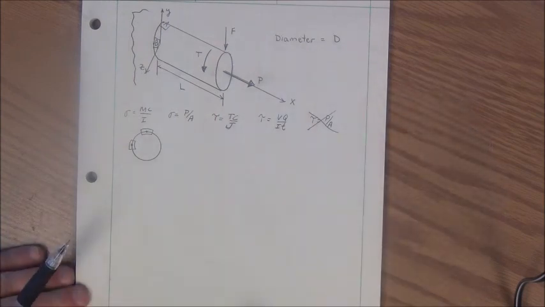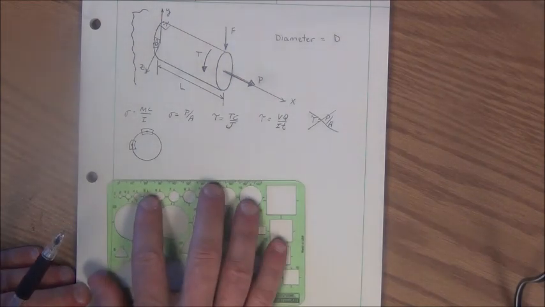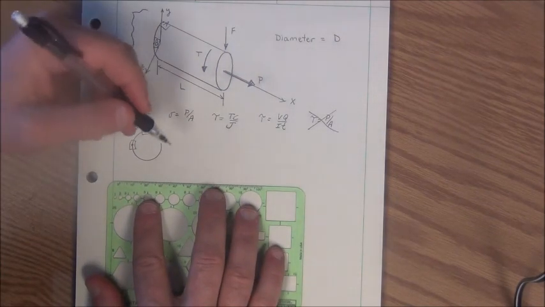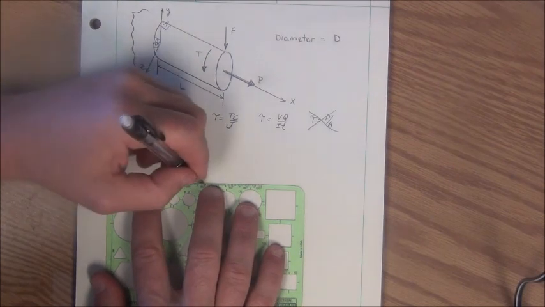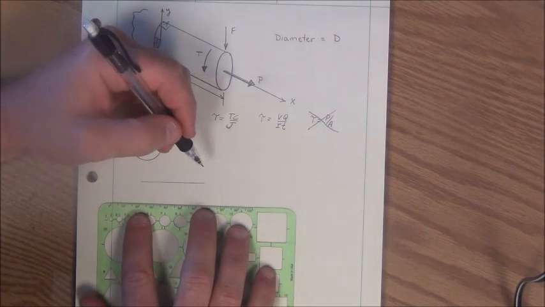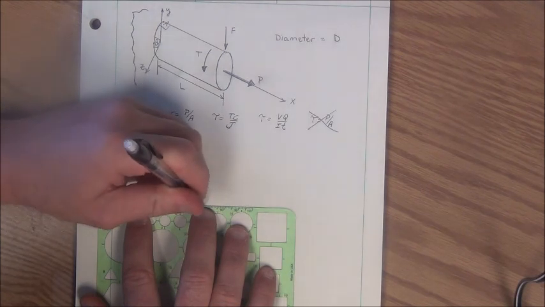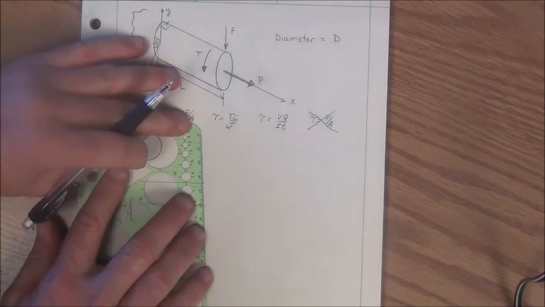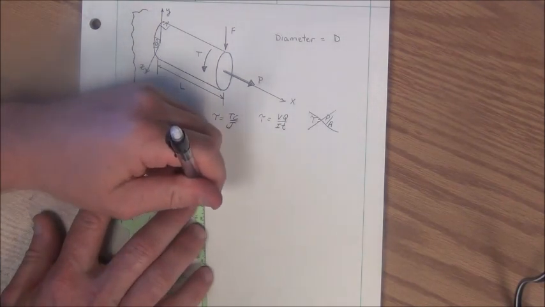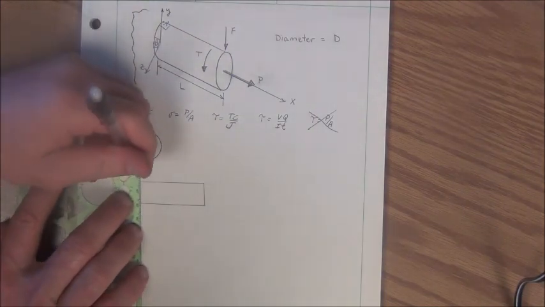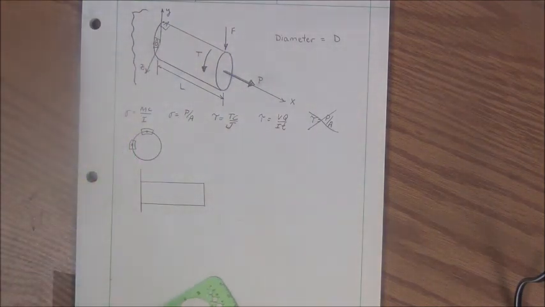The first thing that I do is draw a free body diagram of the structure. In this case, I will draw this in a two-dimensional drawing so that it's more clearly easy to see the reaction loads.